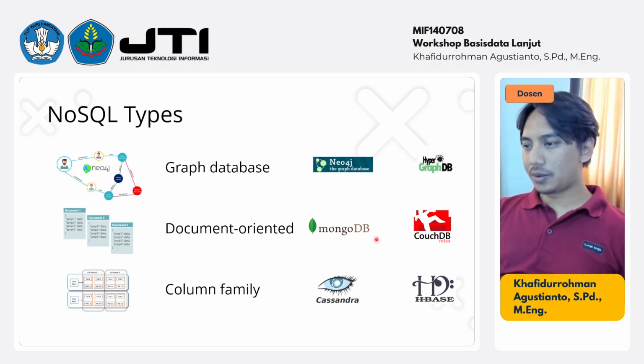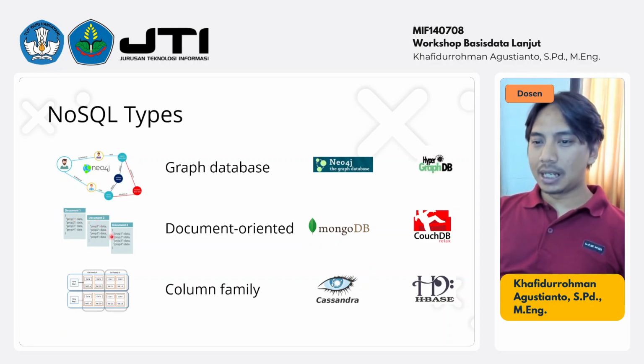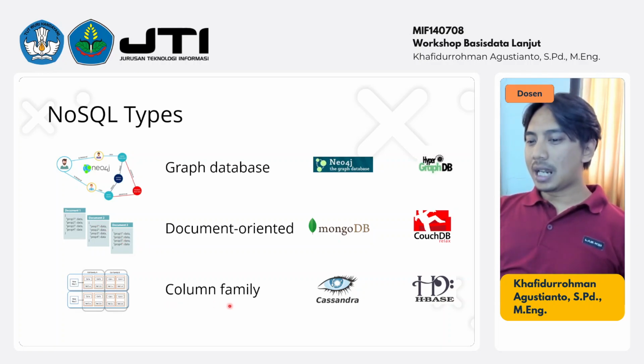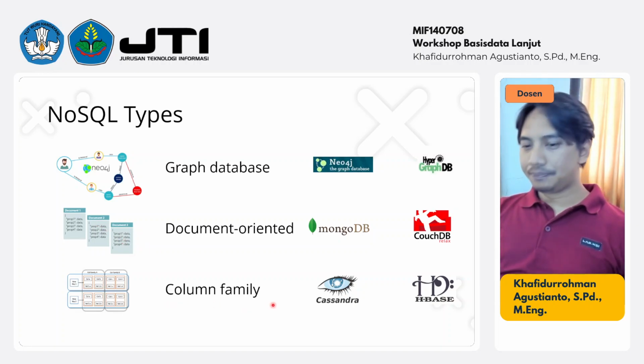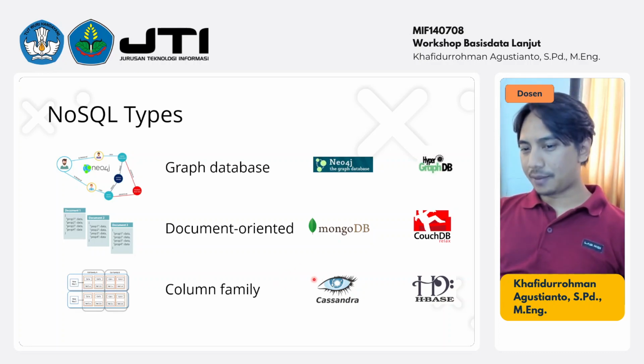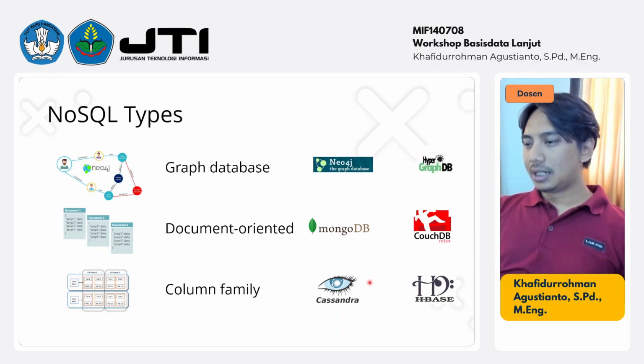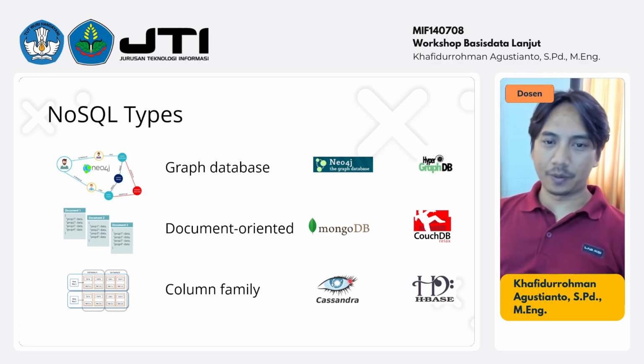In this course, we use MongoDB. You can imagine it like documents that have different properties in each document. Then the column family. This is like the implementation in Facebook. These are representatives of the column family. The example of a column family based application is Cassandra, used by Facebook.